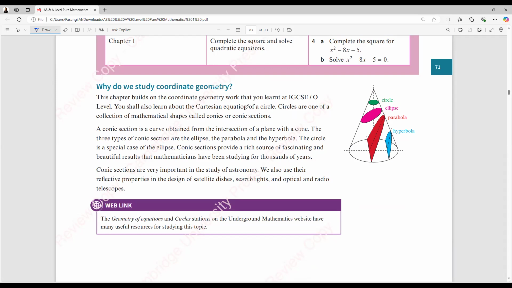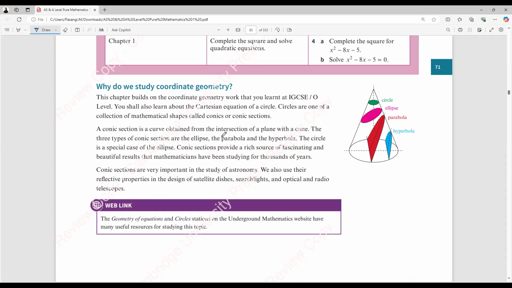Circles are one of a collection of mathematical shapes called conics or conic sections. A conic section is a curve obtained from the intersection of a plane with a cone.